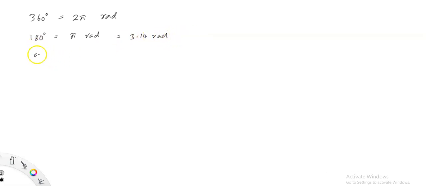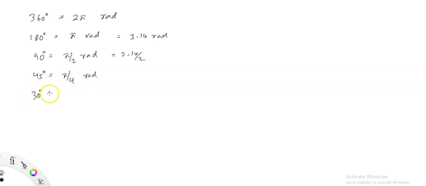What about 90 degrees? 90 degrees will be half of that. You can either divide this by half and say 1.57 or something, or you can just say pi by 2 radians, right? Whatever it is, 3.14 divided by 2. 45 degrees, these are widely used angles, pi by 4 radians.